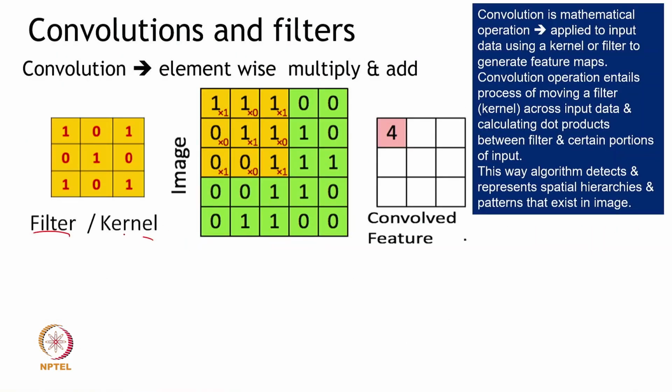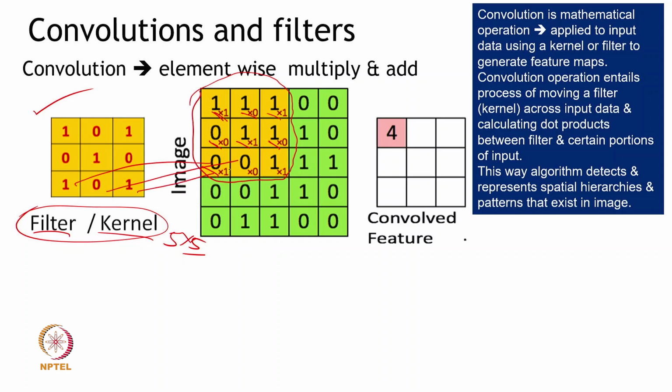I'm assuming this is a filter or kernel, more or less synonymous terms. So this is a filter, and here is the image, a 5 by 5 image which has been shown here. Now the first filter is trying to see only this portion, this patch. So the filter will go with a dot multiplication: 1 into 1, 1 into 0, then 1 into 1, then here 0 into 0, 1 into 1, 1 into 0, then here again 0 into 1, 0 into 0, 1 into 1.